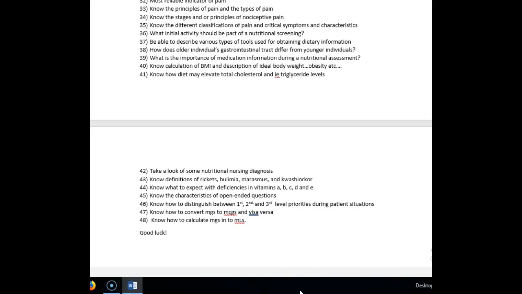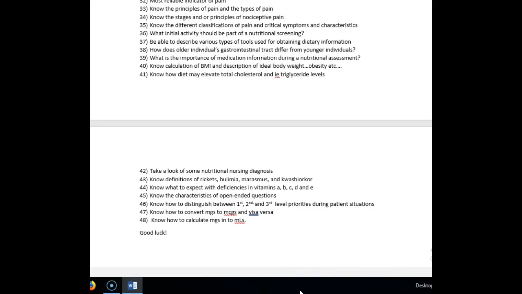When we talk about dietary, marasmus is a protein calorie malnutrition, and it's due to inadequate intake of protein and calories or prolonged starvation.